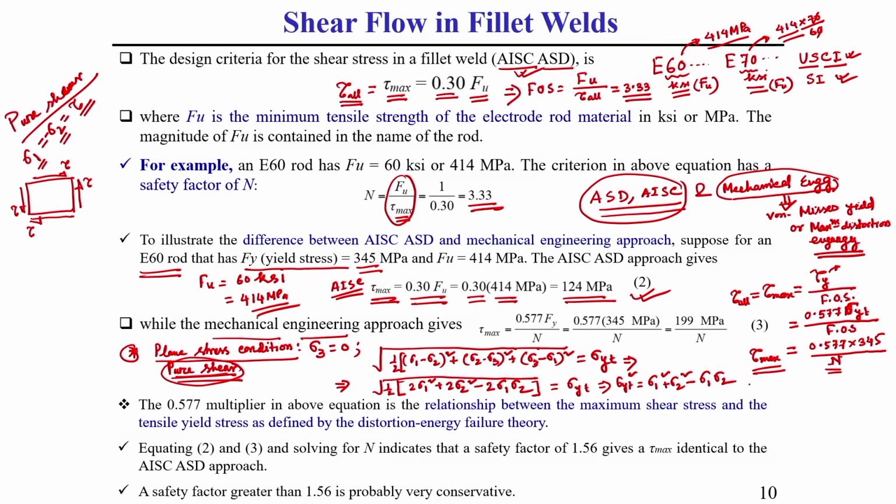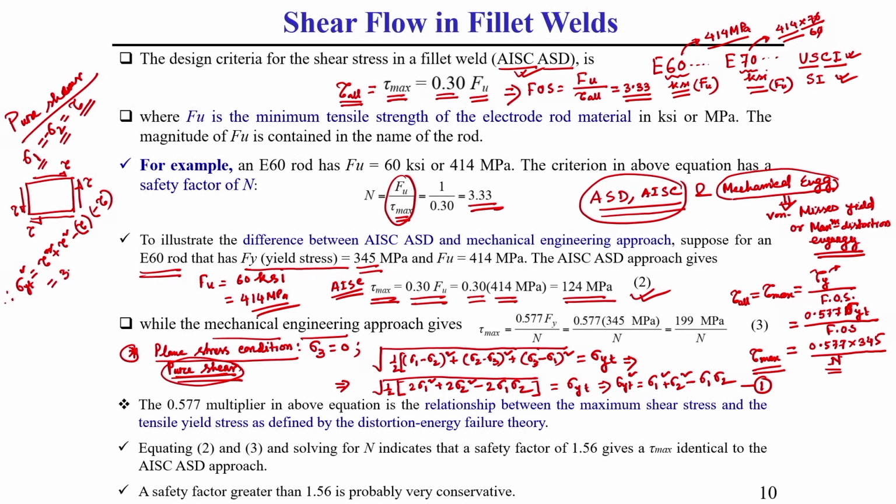If we put this value in equation number 1, we get sigma yt square equal to tau square plus tau square plus tau square, since sigma 1 is tau and the other is minus tau.